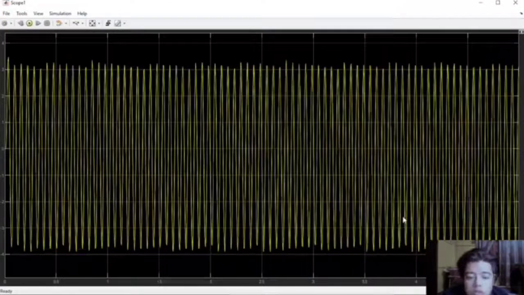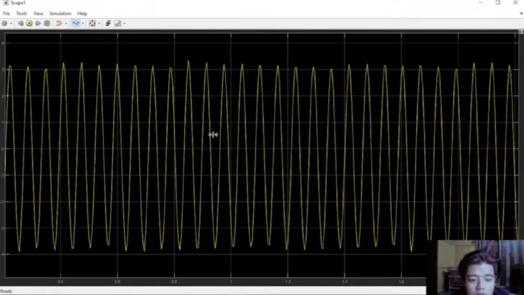Lastly, this is the waveform for the decoded signal for 4-bit data. As you can see, the decoded signal has lost some amplitude from the original input signal, but the frequency remains at the same level as the original input signal.